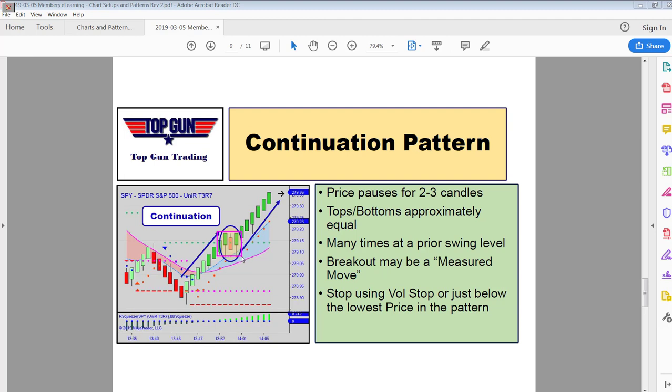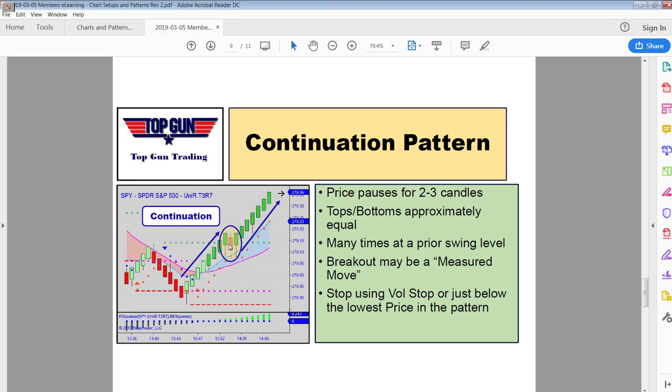There to there. And don't include this one over to the left. That is the continuation box. And usually, 90% of the time, when it enters here from the left, it exits in the same direction. That's why it's called a continuation pattern.